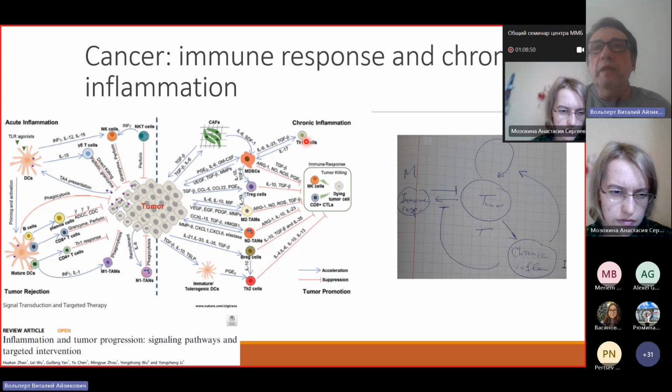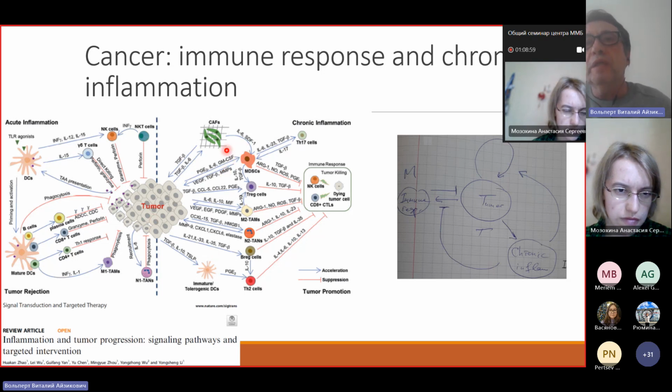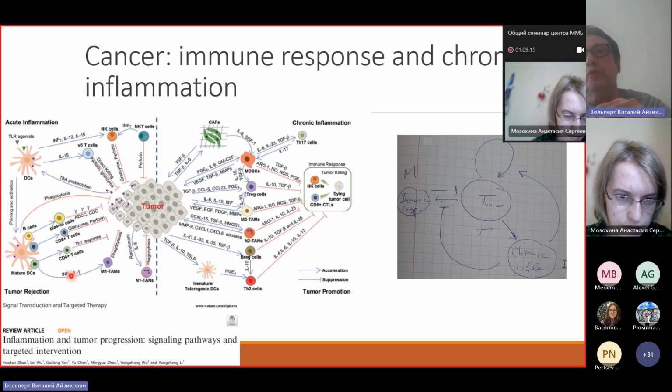So from the very beginning, there is acute inflammation as part of the immune response trying to eliminate the tumor. But on the other hand, there is a huge amount of inflammatory cytokines and other immune cells related to chronic inflammation, which try to stop the immune response. The normal immune response tries to eliminate the tumor.